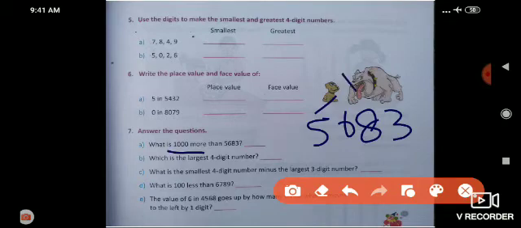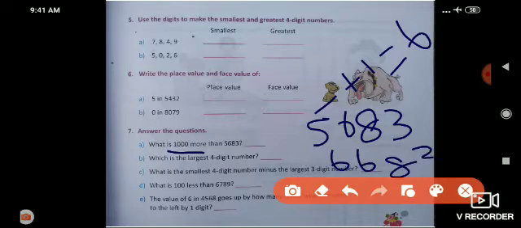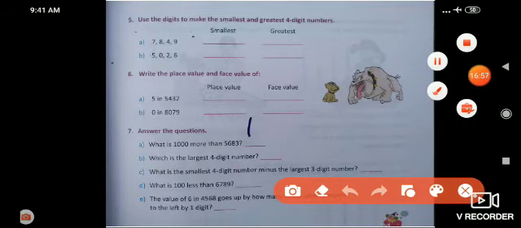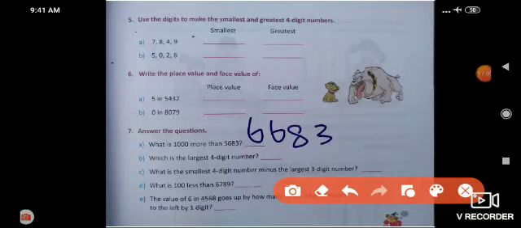You have to add 1 to that number. What will you get? 6. Now your value is 6683. Right? You understood? What is the answer? 6683. Okay? Note it down in your notebook, children.